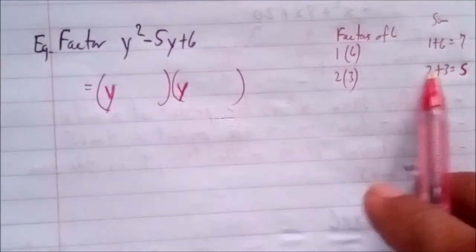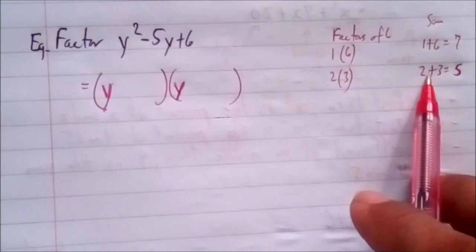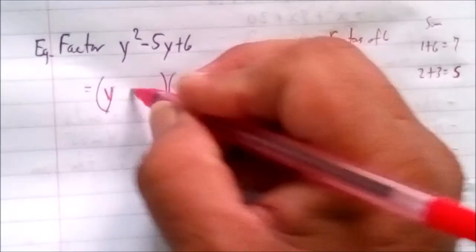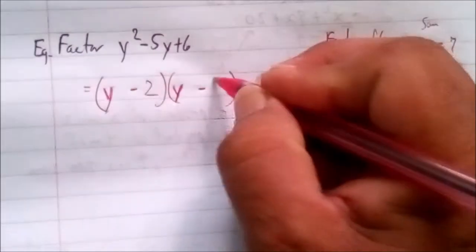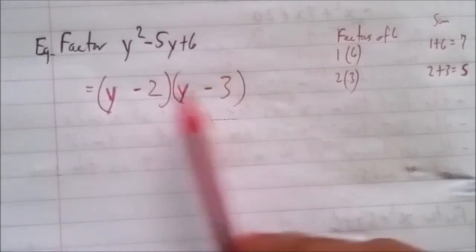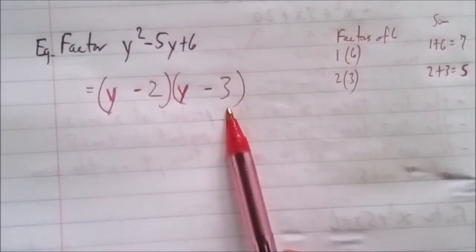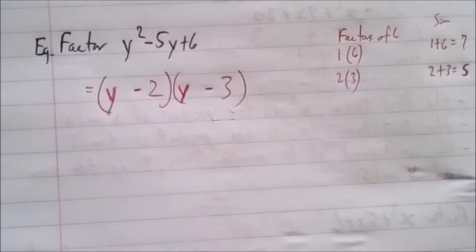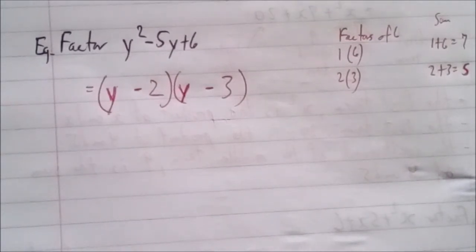So therefore, if these two terms here are negative, then I can get a positive 6. So negative 2 times negative 3 will give me a positive 6. And like how the rule says, if you add these two terms, a negative 2 plus a negative 3, that's a negative 5 times y, we get a negative 5y for the middle term. So that is how we're going to be working out these terms here, right?